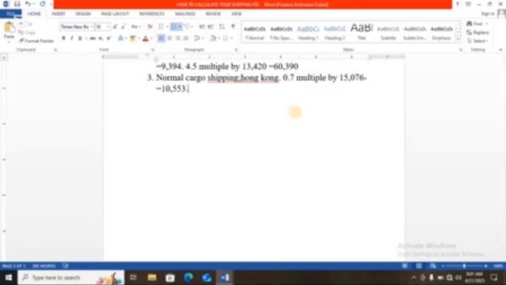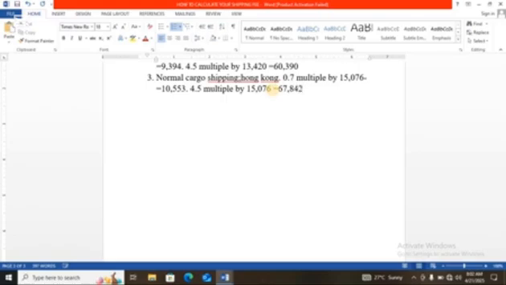So let's do the same thing for 4.5 kg. 4.5 multiplied by 15,076 equals, you're going to pay 67,842.